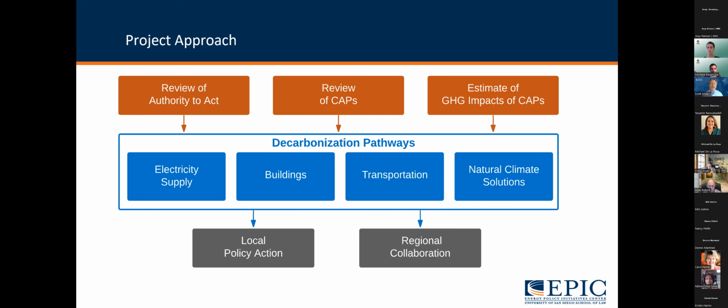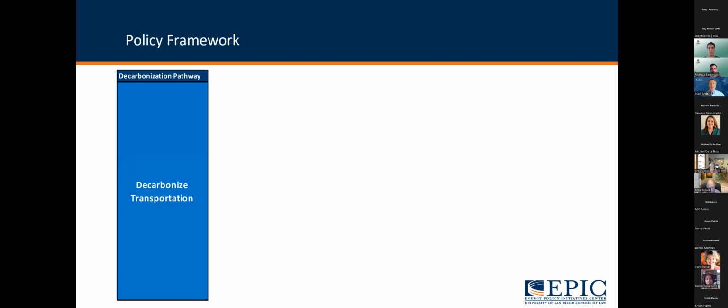We recognize that each local jurisdiction has a separate set of circumstances to consider when they're looking at measures like these and would need to evaluate which opportunities are appropriate. You can think of the opportunities as a menu of options rather than a preferred list of actions. As I mentioned, our chapter is structured in part based on the 4 decarbonization pathways identified in the other chapters of the technical report.